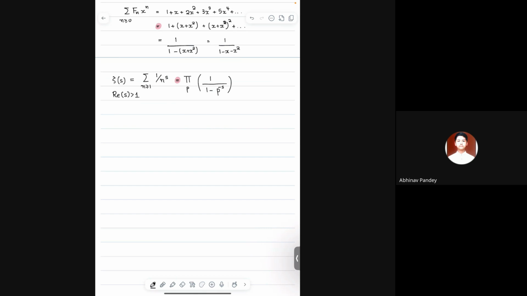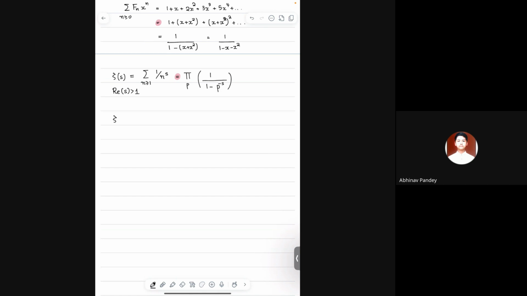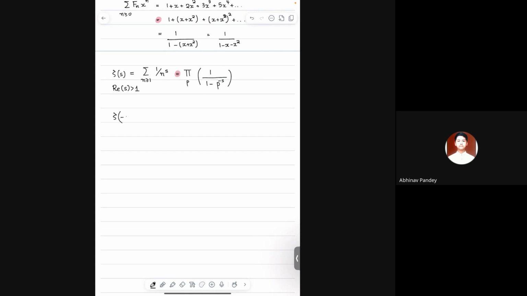And what the Riemann hypothesis is trying to say is, well, zeta at negative integers, zeta of minus 2k for k an integer, is always 0. Okay, this is coming from analytic continuation that I will not talk about today.